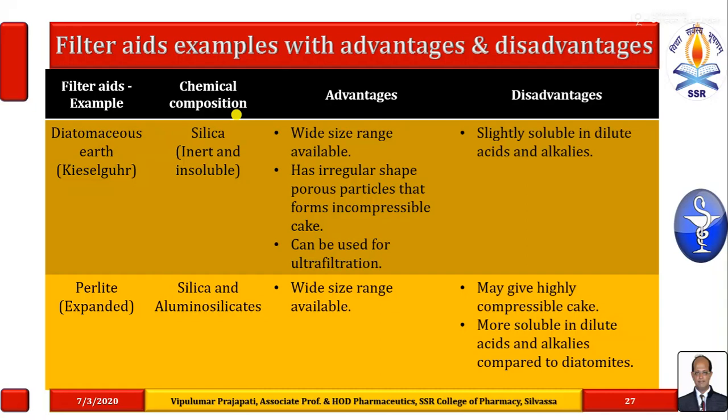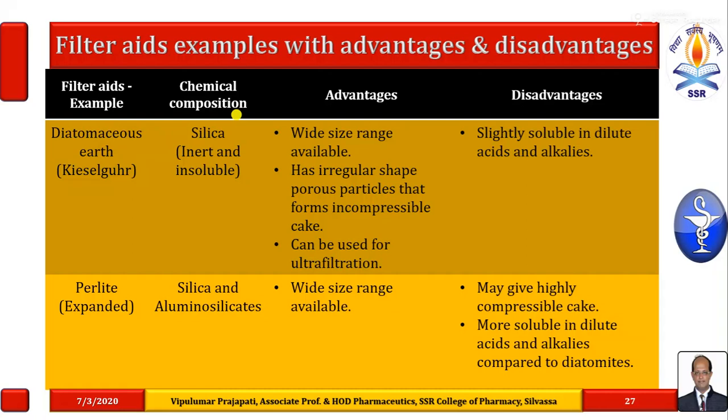It has regular shape porous particles that form an incompressible cake, so it is also good. It can be used for ultrafiltration, but one disadvantage of diatomaceous earth is that it is slightly soluble in dilute acids and alkalis. So when acids and alkalis are there in any slurry, it is not useful.